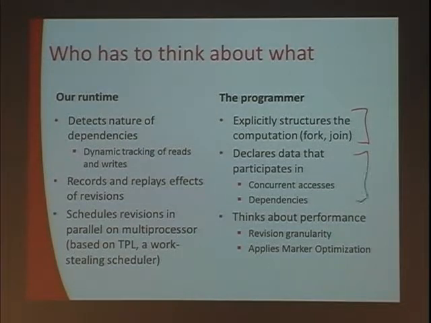You have to also decompose your data to think about the data that participates in concurrent accesses and the dependencies, and when there are conflicts, how to merge. And you also have to think about performance. Just like in parallelism, you have to think about the granularity at which you want to do things. And there are various optimizations that you can apply for both parallelism and incrementality. It turns out most of the ones you apply for parallelism are good for incremental, but there are also some tweaks for incremental.